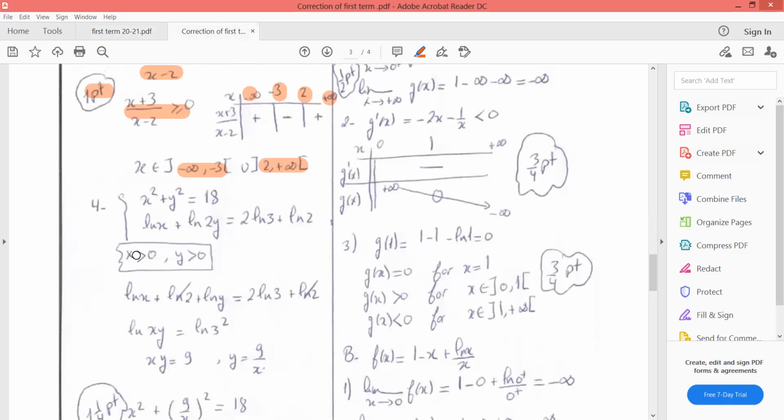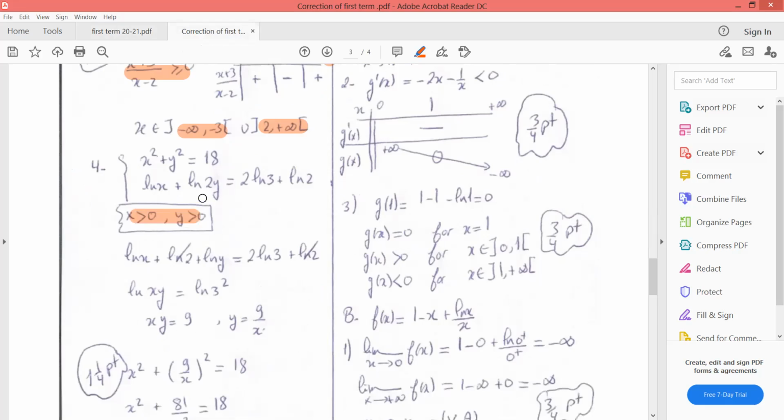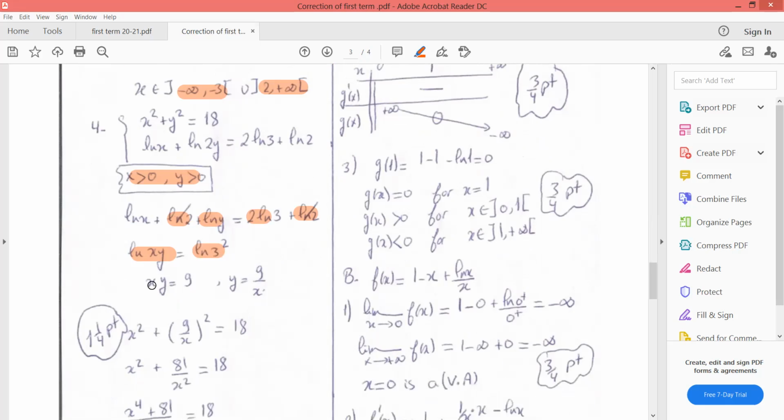So x positive, y positive, as I have said, the domain. ln x I can write ln 2y, I can write it ln x + ln 2 + ln y equal to ln 3 + ln 2. ln 2 and ln 2, 0. So ln x + ln y, ln a + ln b, we get ln xy. 2 ln 3 becomes ln 3 squared. I remove ln with ln, so x times y equals 9.